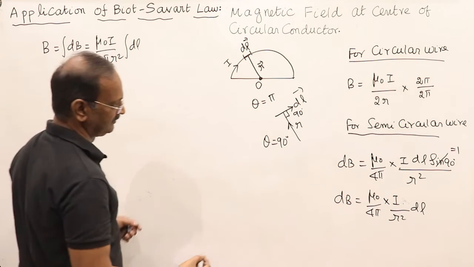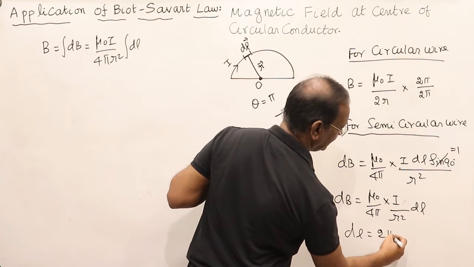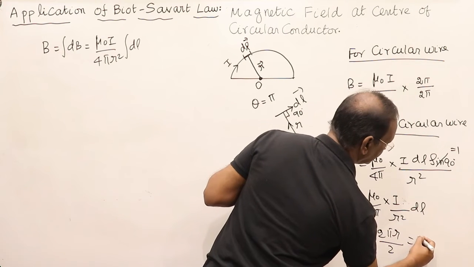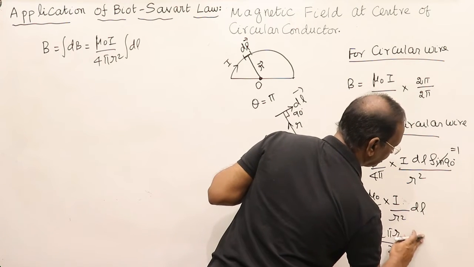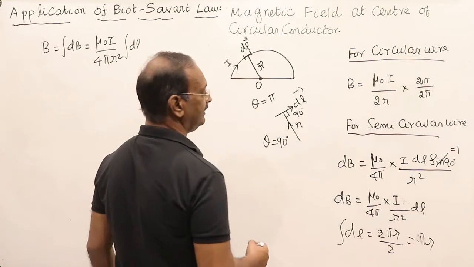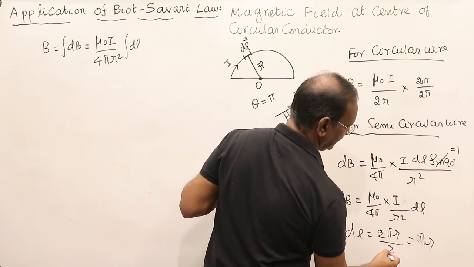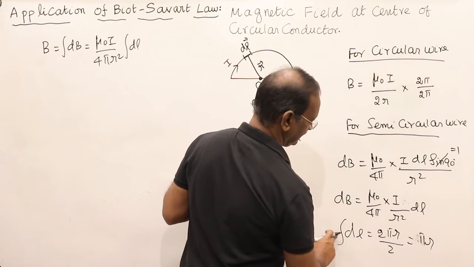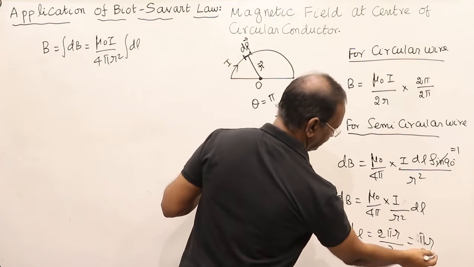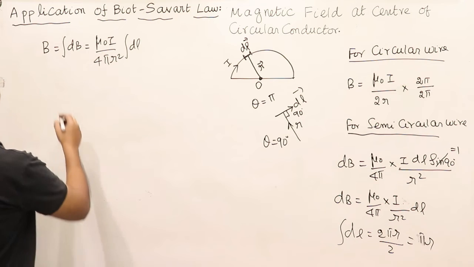What is dl here? The dl for circular it is 2 pi r, half of it is pi r. Integral of dl is equal to pi r because for full circle it is circumference 2 pi r, half of it is semicircular. Therefore if we integrate this for entire length we will get pi r. So very simple, circumference divided by 2, that is the dl.